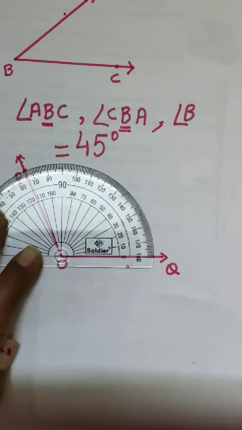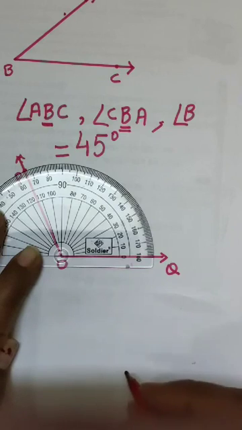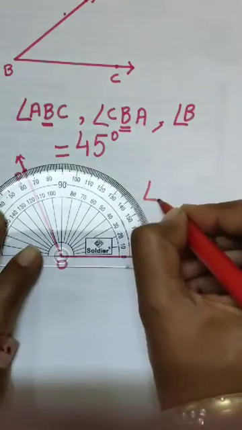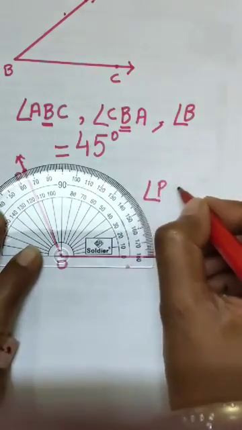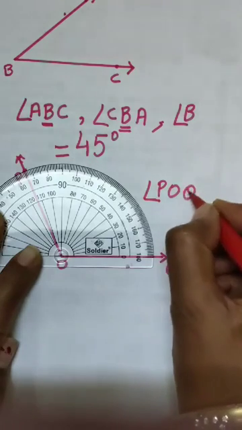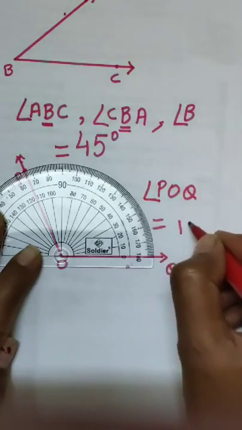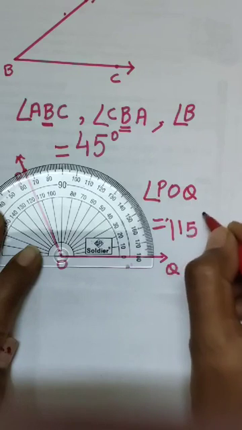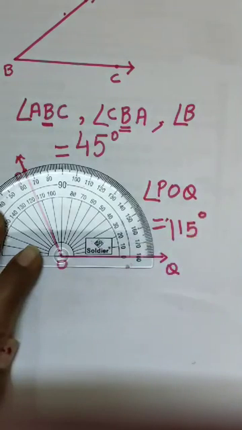What will come between 110 and 120? It is 115. Okay, so how will you write it down? You will write down angle POQ equal to 115 degree. Clear?